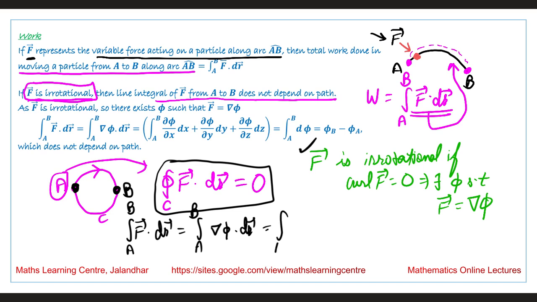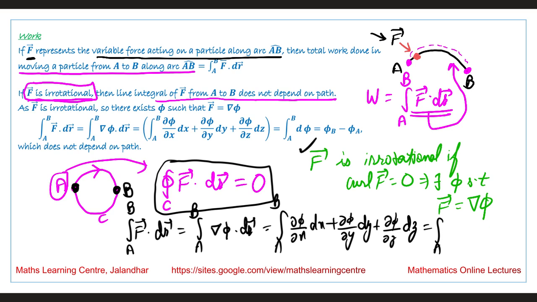This is equal to integration A to B curly phi by curly x into dx plus curly phi by curly y into dy plus curly phi by curly z into dz, and this is equal to integration A to B d phi, and the answer we get is phi b minus phi a.